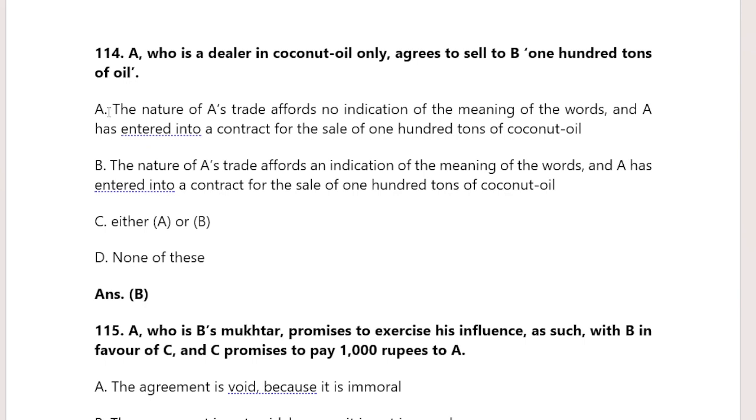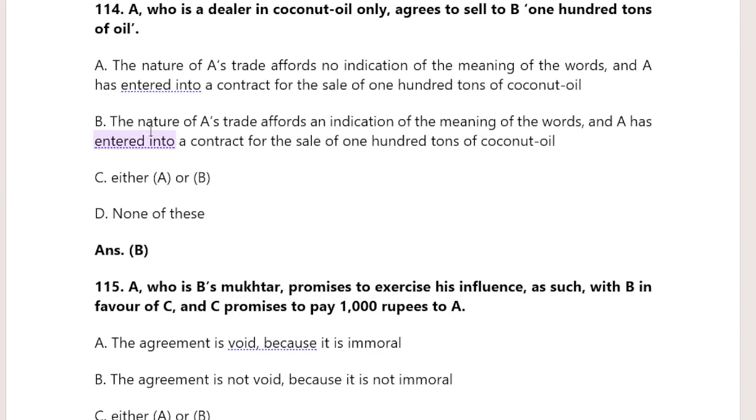Then what are the options? Option A: The nature of A's trade affords no indication of the meaning of the word, and A has entered into a contract for the sale of 100 tons of coconut oil. Option B: The nature of A's trade affords an indication of the meaning of the word, and A has entered into a contract for the sale of 100 tons of coconut oil. Option C is either A and B. Option D is none of these. The right answer is option B.